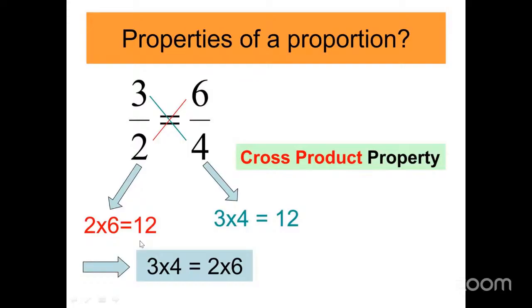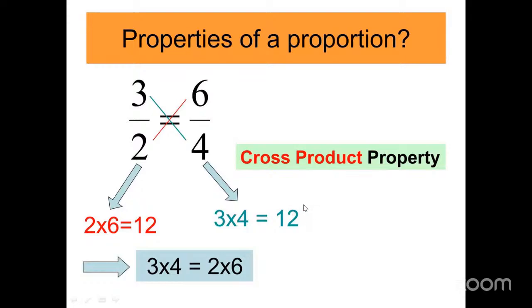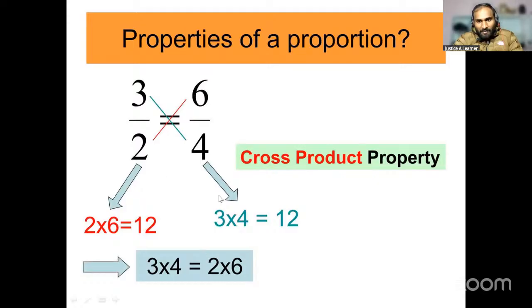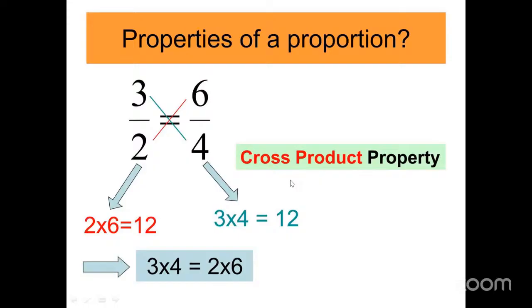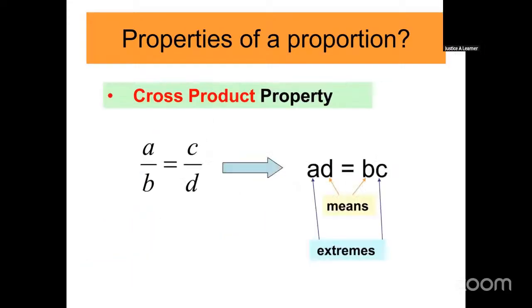Yes, and 3 multiplied by 4 is equal to 12, right? So we get 3 multiplied by 4 and 2 multiplied by 6, both are equal. So a proportion also follows this: the cross product property is always equal in that case too. Yes. So this is what we found.